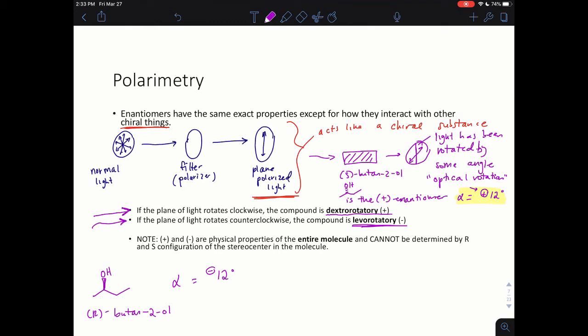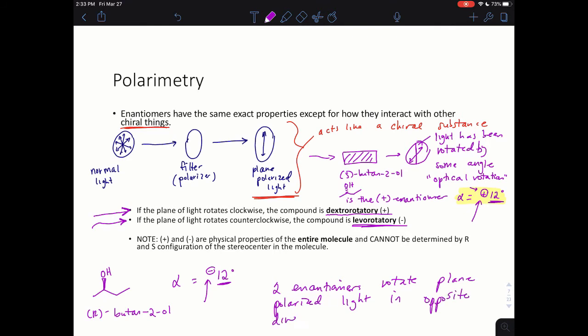The two enantiomers have the same magnitude, a 12-degree rotation of plane polarized light, but in opposite directions. So the two enantiomers rotate plane polarized light, which is acting like a chiral substance, in opposite directions, but with equal magnitude.